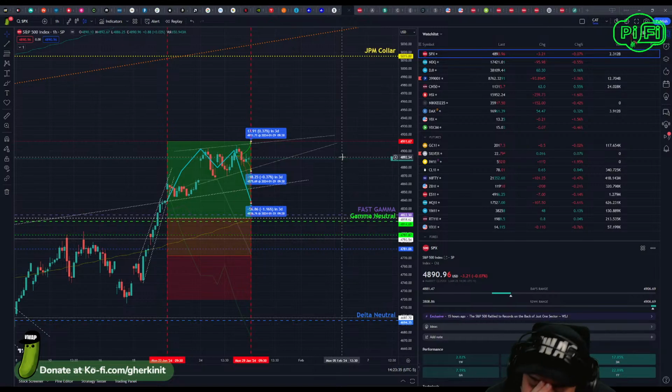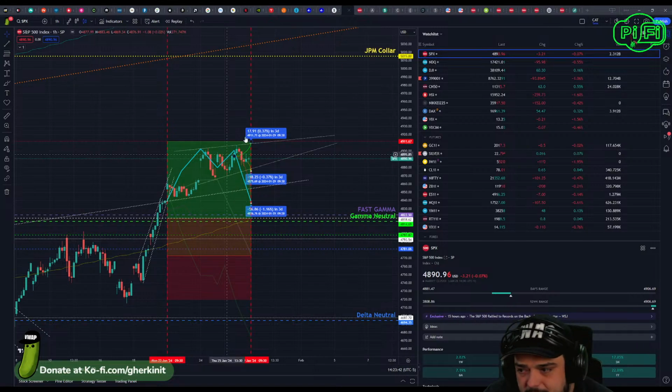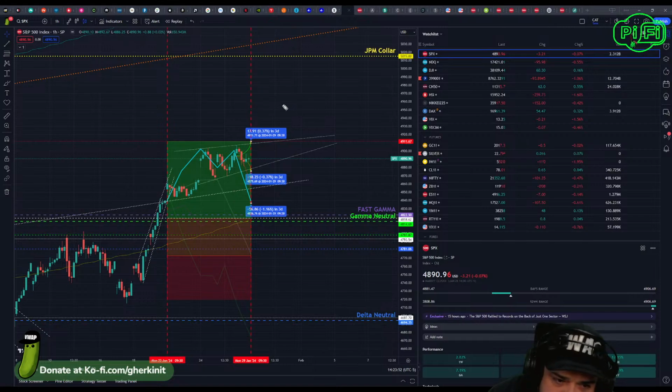So I think everyone here pretty much understands that when we're above gamma neutral, the market maker is buying weakness and selling strength, right? So they're buying the downtick, they're selling the uptick, which creates a lot of stability and lowers realized volatility, right?